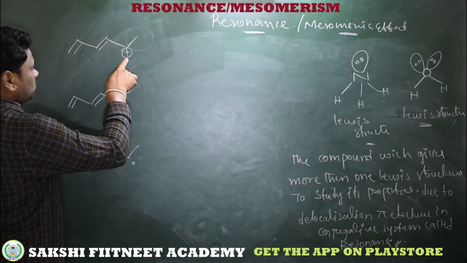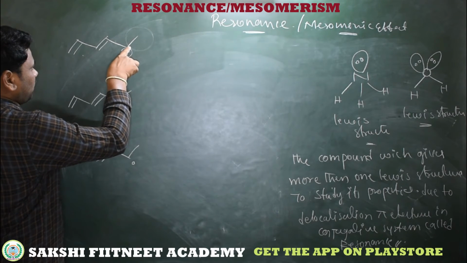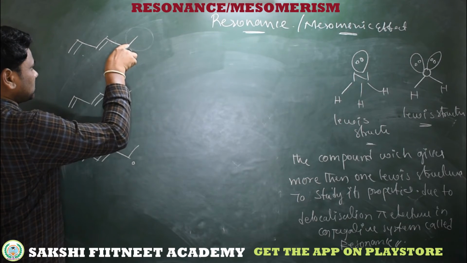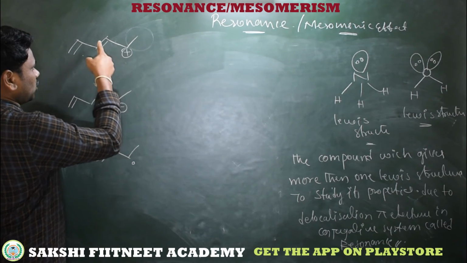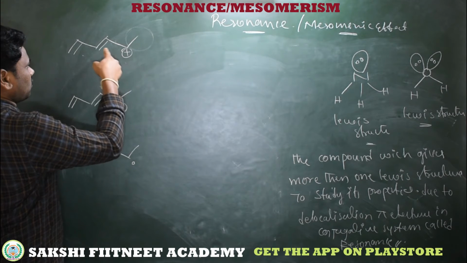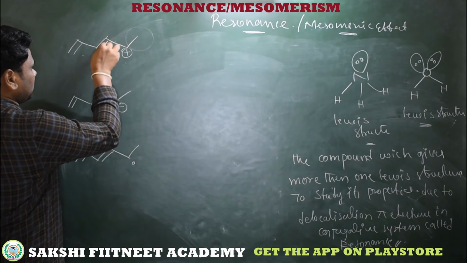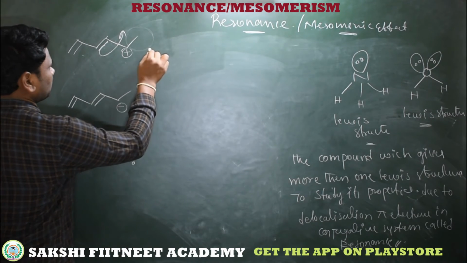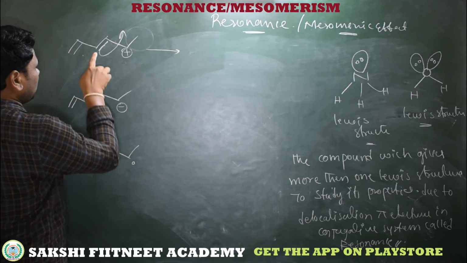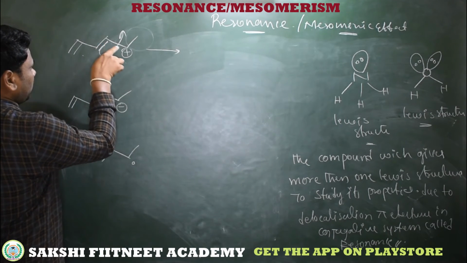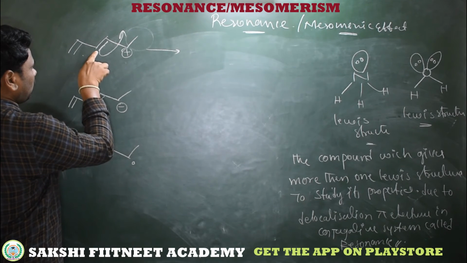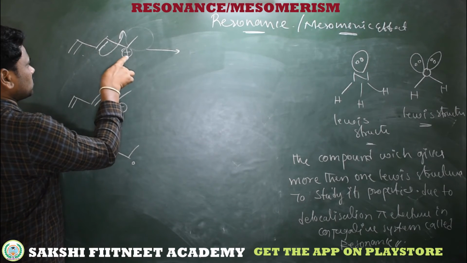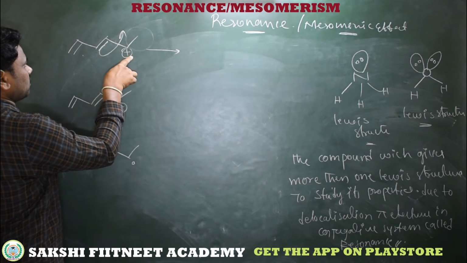See, I am taking the first one. This carbon is electron deficient, so obviously this electron deficiency is stabilized by these conjugative electrons. Conjugative electrons are these pi electrons. By moving this bond towards the electron deficient carbon, simply shift this pi bond to here. So obviously on this carbon you will get a positive charge. See, in resonance, the first and third carbons get the effect.